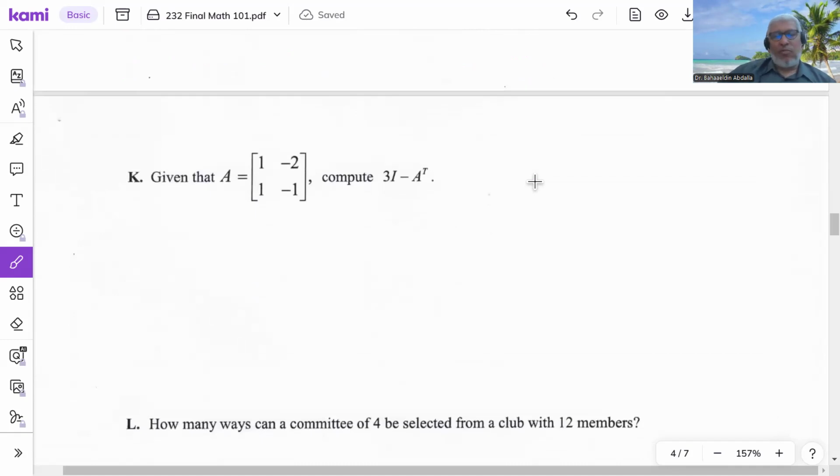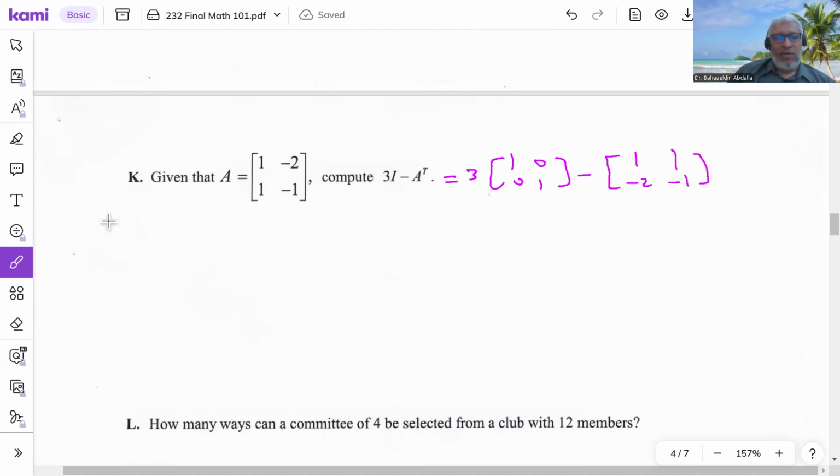Given A, if I compute 3I minus 8A transpose. Well, 3I, I is the identity matrix 1, 0, 0, 1. And A transpose is the transpose of A. And to find the transpose of A, I write the first row of A as the first column, and then the second row as the second column.